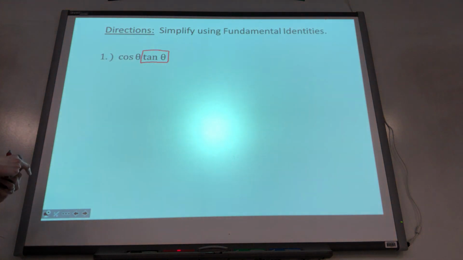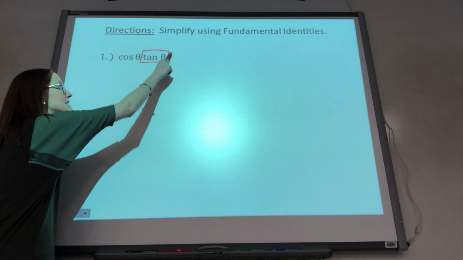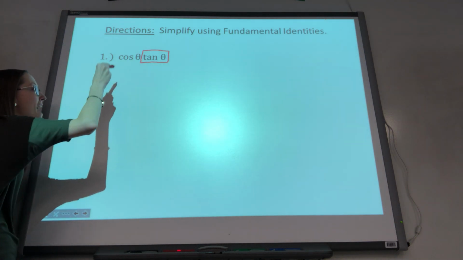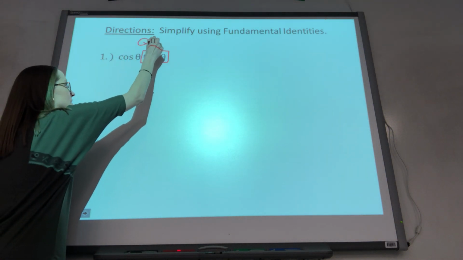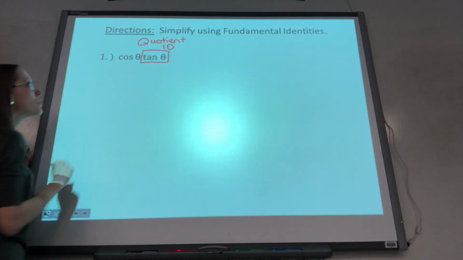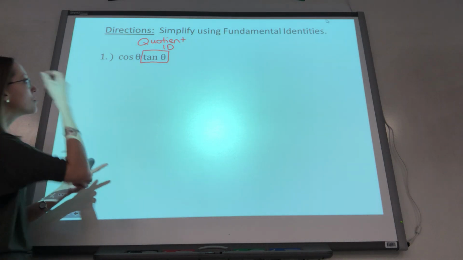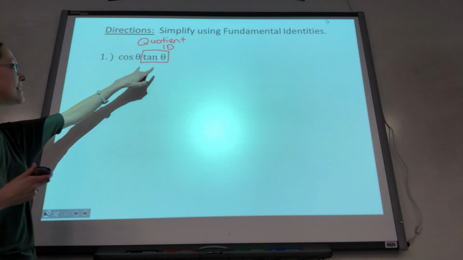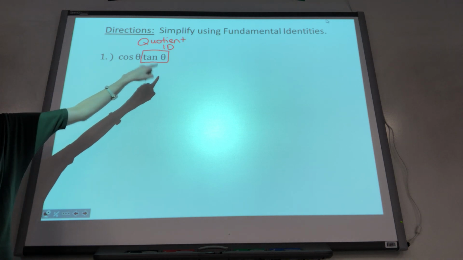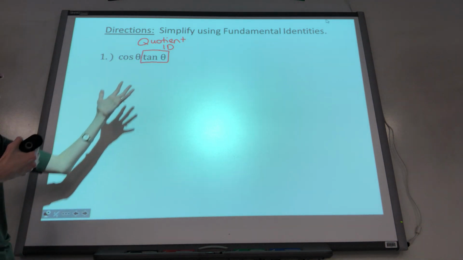Nothing good is going to happen if I do that. So I'm going to come over here to the tangent of theta, and I noticed if you look at the quotient identities, there is a quotient identity that says tangent of theta, or handy dandy uses u, but u can be anything.